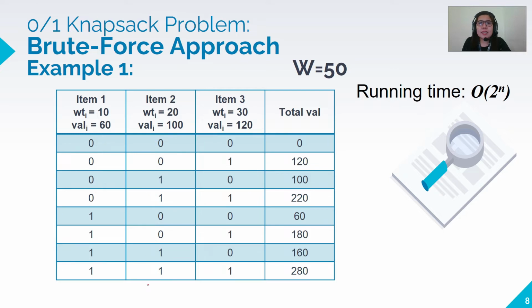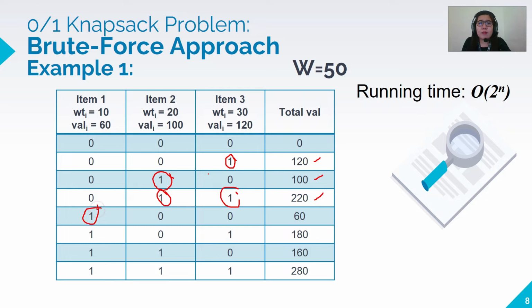Next, let's have the computation of the total values. Given the following, this is 0, so our total value is 0. In the following, we'll just count the ones. So here we have 1, so the value is 120. Next, another, the value is 100. And next, we have item 2 and item 3, that is 100 plus 120, we have 220.